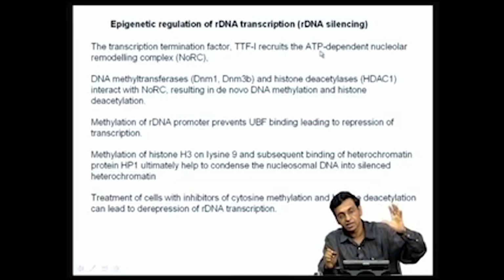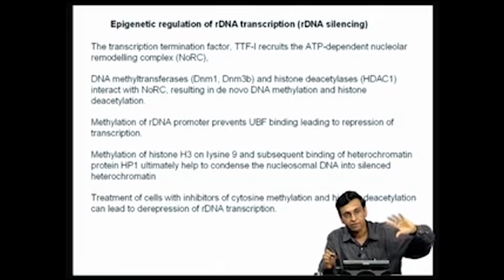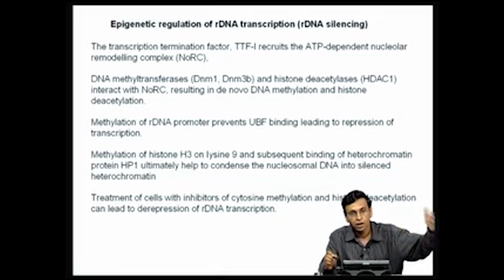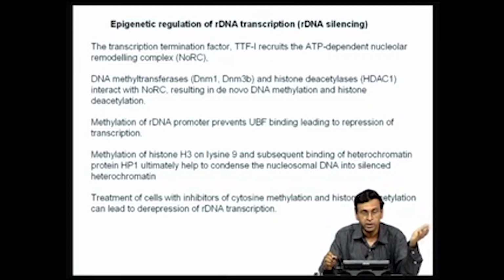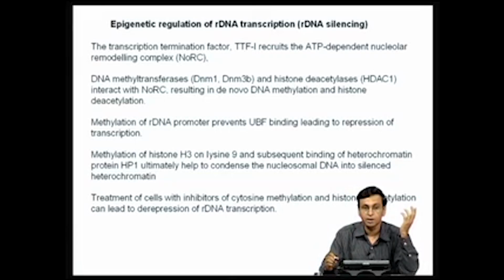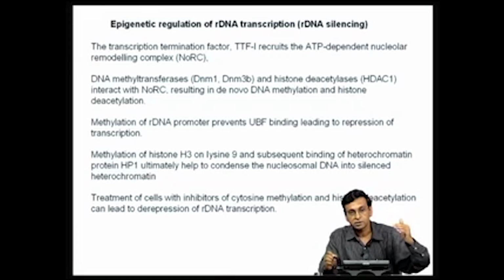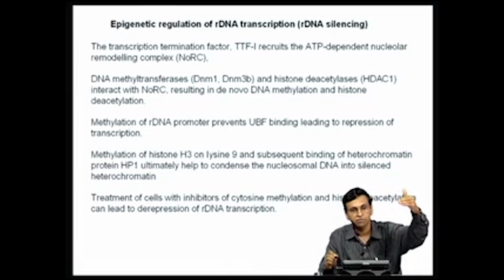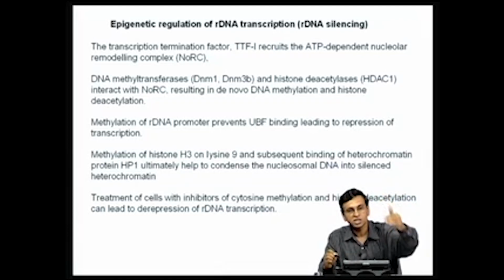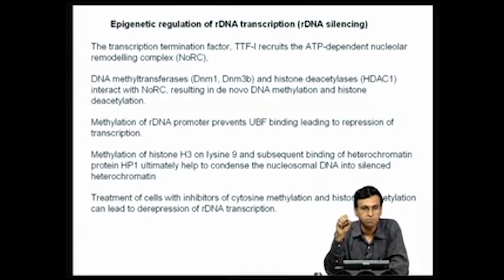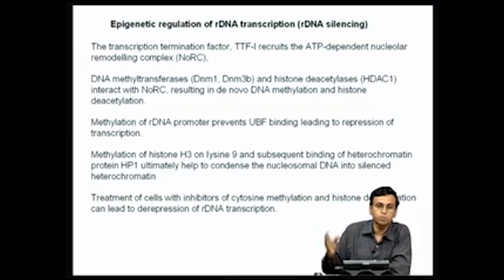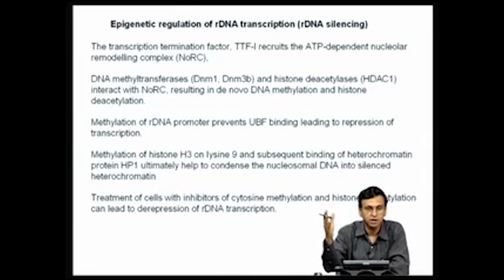Just as we have seen in the case of Pol II transcription, phosphorylation of transcription factors is one mechanism, and in the previous lectures I gave the example of CREB, where I told you that when you treat cells with cyclic AMP, it activates protein kinase A. Protein kinase A then phosphorylates a transcription factor called CREB, cyclic AMP response element binding protein, which in the phosphorylated form interacts with the histone acetyl transferase called CBP or P300, and this results in recruitment of RNA polymerase II and enhancement of transcription.